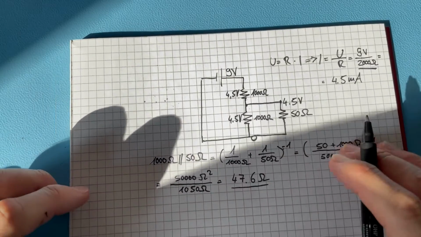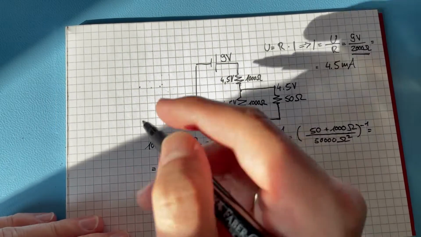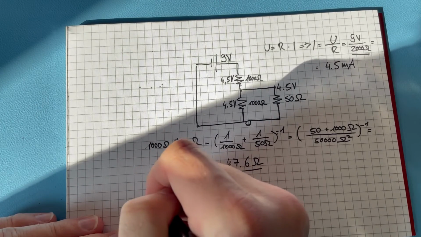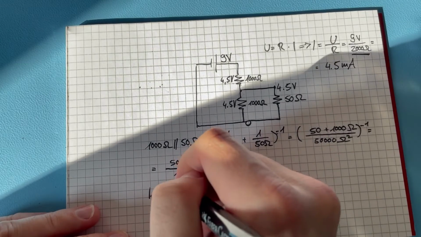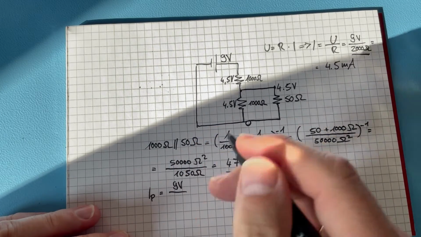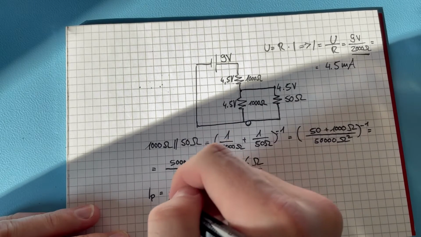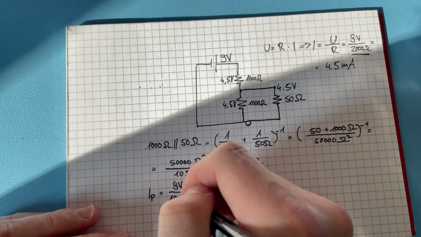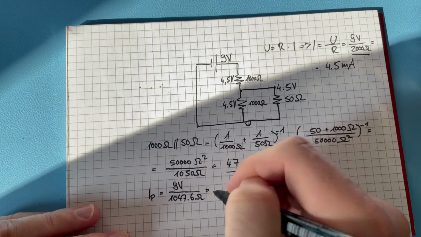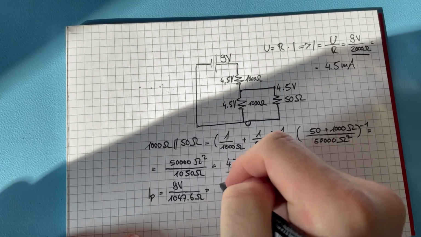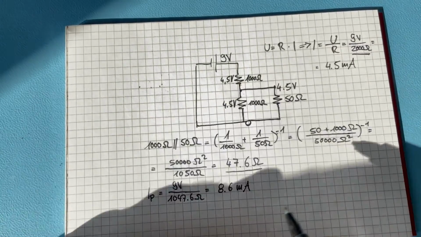And we calculate that. We say, again, using the formula up here, I, and I make it IP for I parallel, equals, again, the whole 9 volt over, and now 1000 plus the 47.6 is 1047.6 ohm, 8.6 milliamperes.